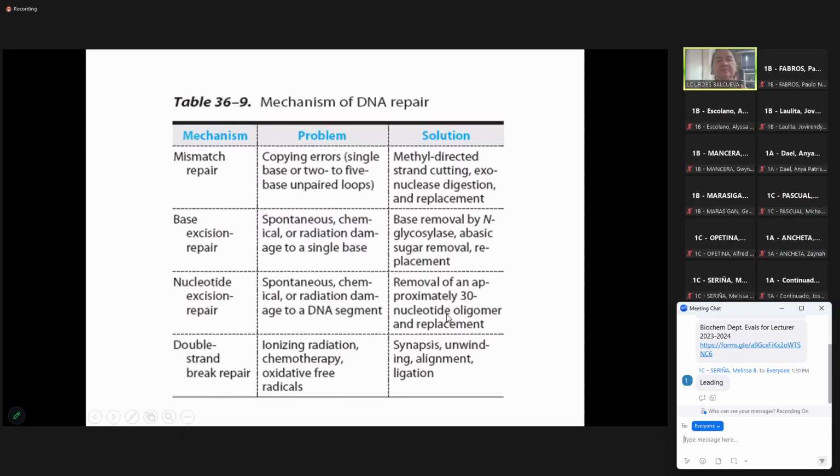Polymerase delta and polymerase epsilon, and even the primase. And this is double strand repair by ionizing radiation, chemotherapy, oxidative free radicals. So, unwinding, alignment, ligation. These are the repair mechanisms.